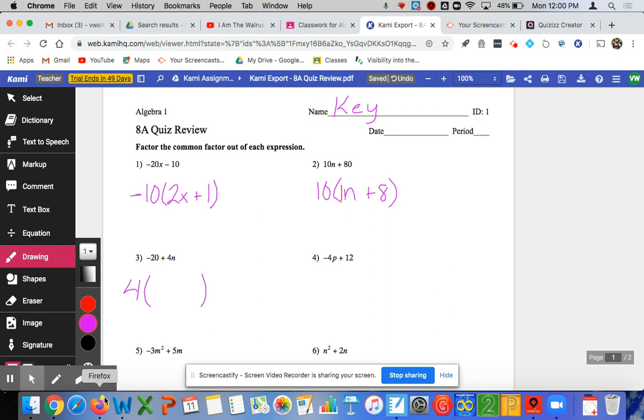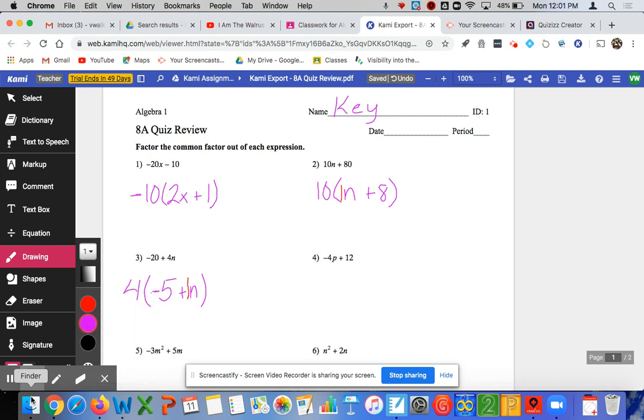So 20 divided by 4, that gets you 5. So I have a negative 5 right in here. And why a negative 5? Because my 20 is negative. 4 times a negative 5 gets you a negative 20. 4 times what gets you 4n? That's a positive 1. So really, all we need is a plus n. Once again, if you want to put a 1 in there, you certainly can. It is not necessary.